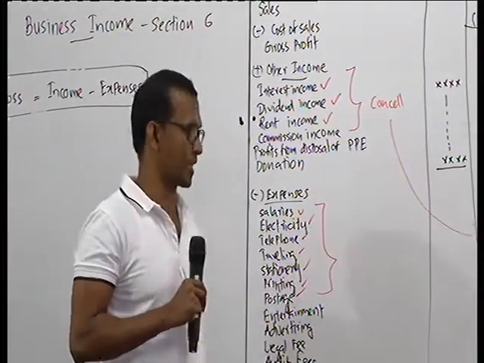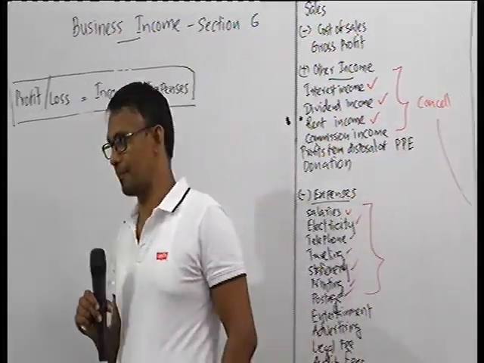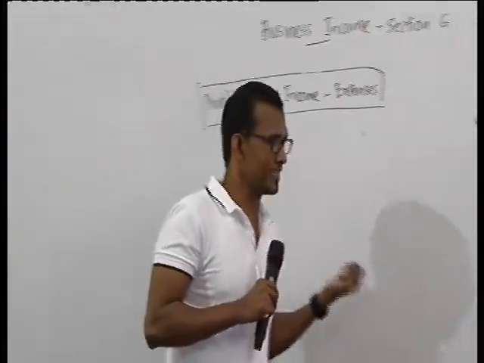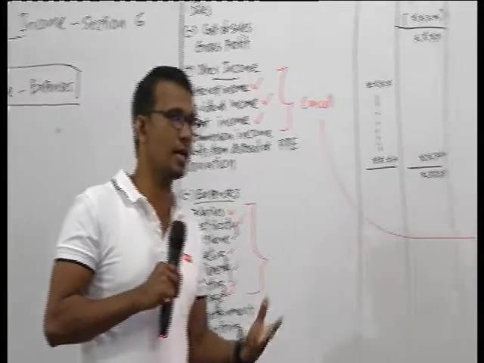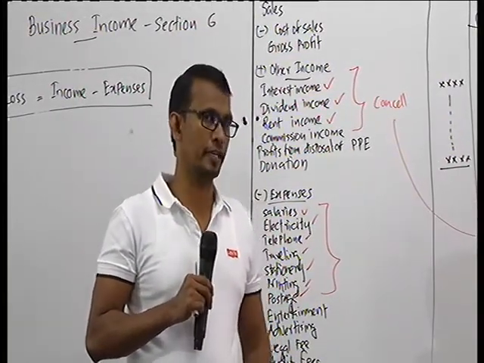Without paying employees, you can't get the labor, you can't get them to work for you. You have to pay them. So salaries is an essential expenditure to be incurred in generating revenue.